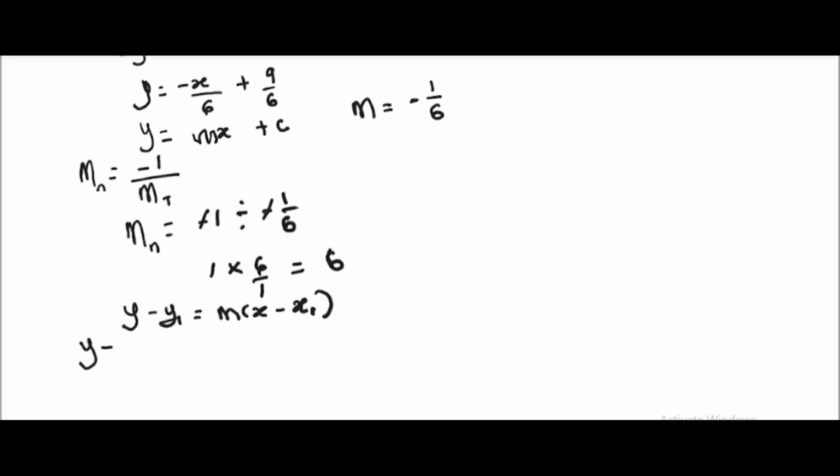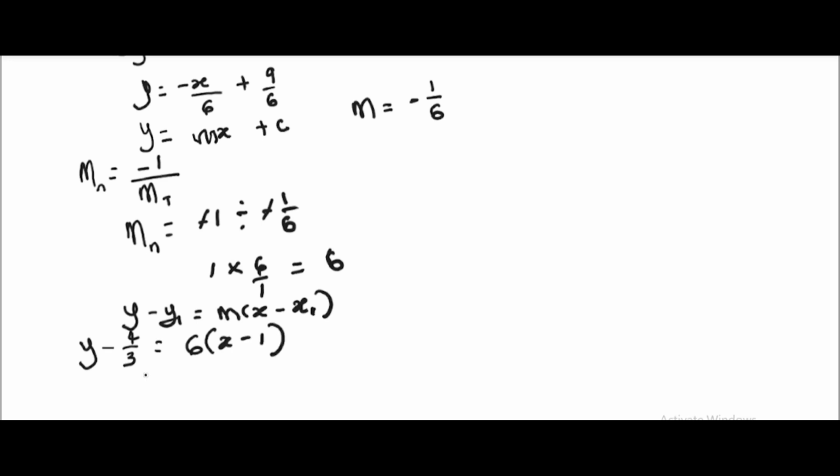So y minus the y1 given to us, we have it to be 4 over 3, right? Okay, is equal to, our slope is 6 and our x1 is 1.